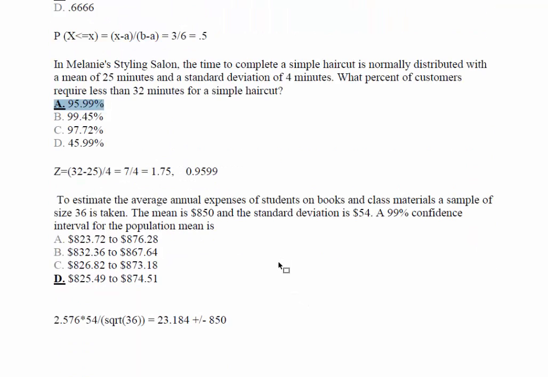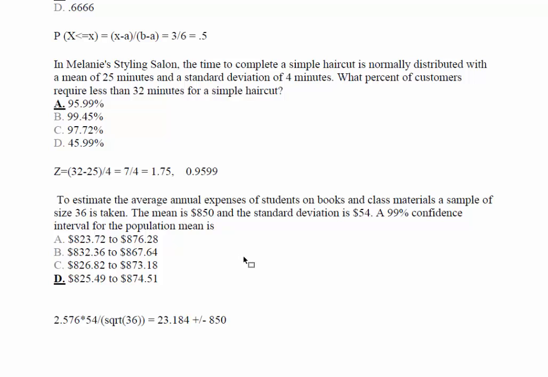Last question. To estimate the average annual expenses of students on books and class materials, a sample of size 36 is taken. The mean is $850 and the standard deviation is $54. A 99% confidence interval for the population mean is what?